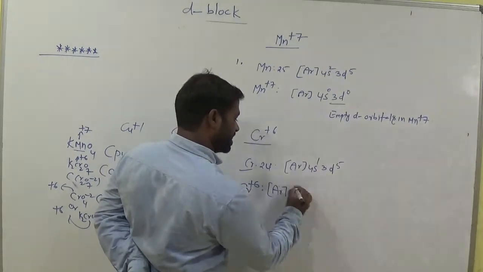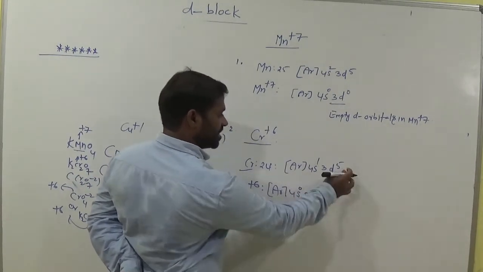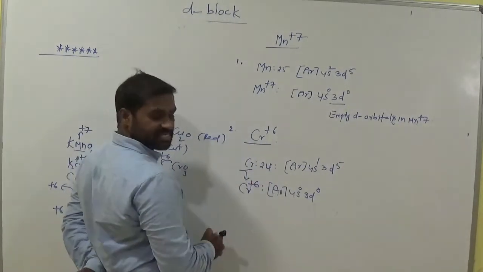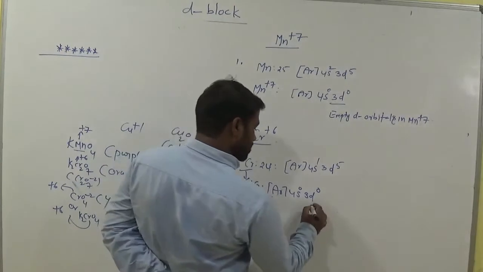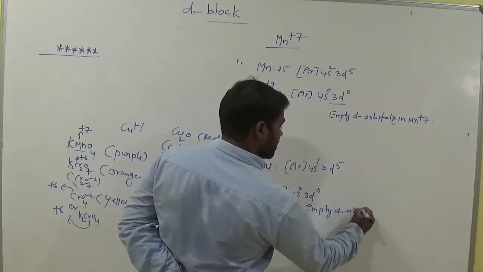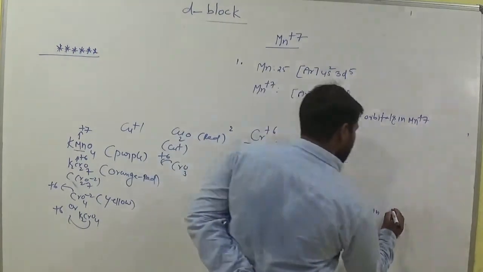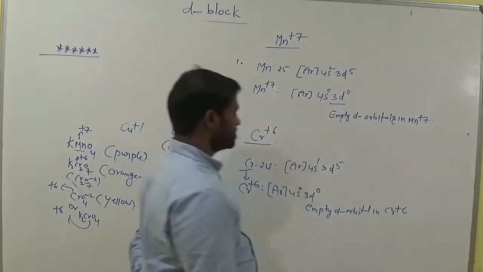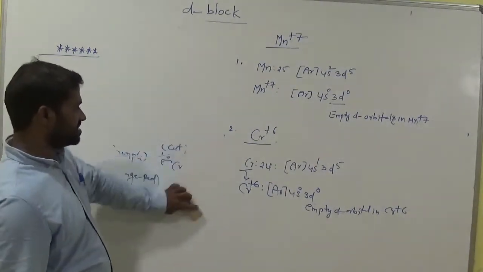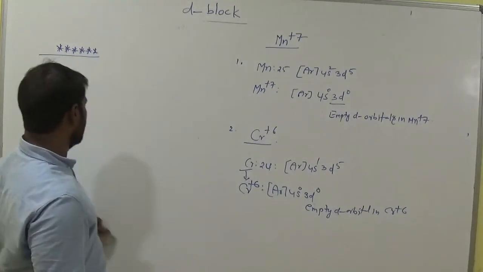Argon 4s0 3d0. Why? Because 5 plus 1 is 6. We remove the 6 electrons, then it becomes chromium plus 6. So empty d orbitals in Cr plus 6 also. Clear? And come to the third one.